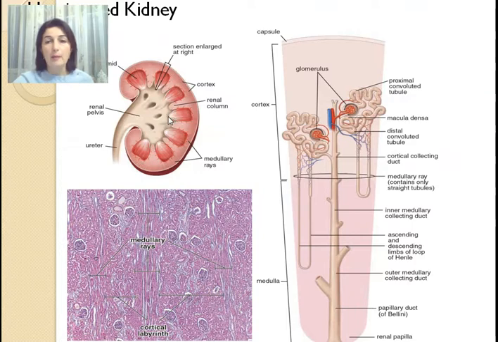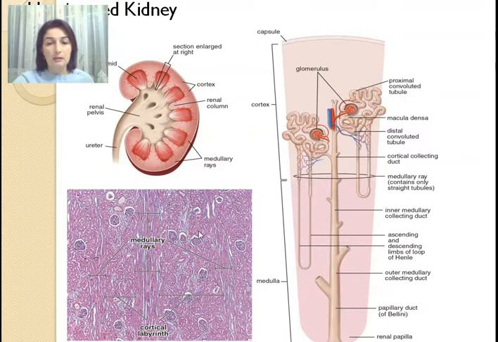Each apex of the pyramid is surrounded by the minor calyces. Two to three minor calyces open into the major calyces, and the major calyces are small spaces which together open into the large lumen of the organ, which is called the renal pelvis. From the renal pelvis arises the ureter.